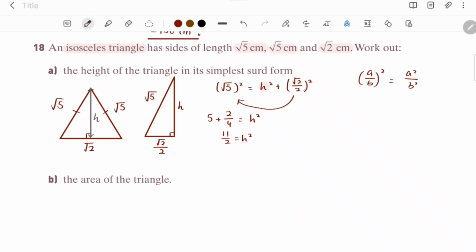So to remove the square, we have to square root the other side. So h equals surd of 11 over 2, which is surd 11 over surd 2. And then we have to make it the simplest surd form, which means we have to rationalize it.